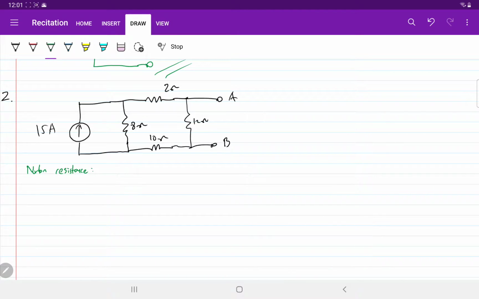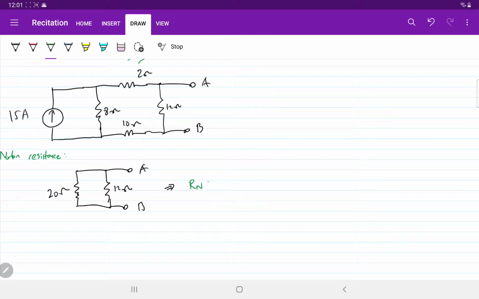This series of resistances 2, 8 and 10 are in parallel with 12, right? So we have 2 plus 8 is 10 plus 10 is 20. So basically 20 ohm and 12 ohm, and they're in parallel. Therefore the Norton resistance is 20 parallel 12, so 20 times 12 over 20 plus 12.